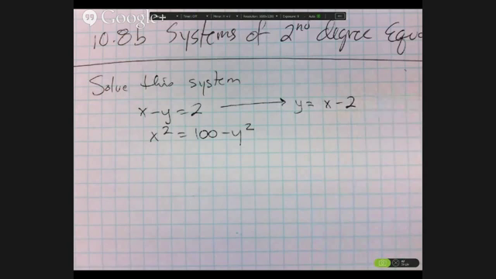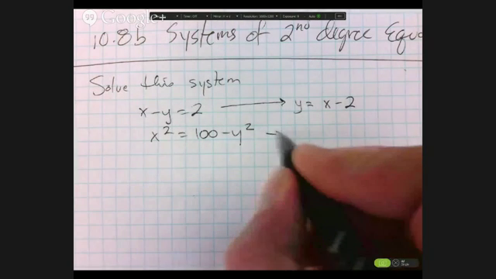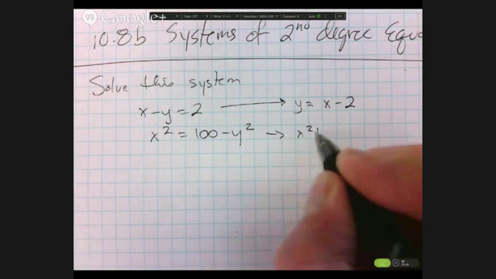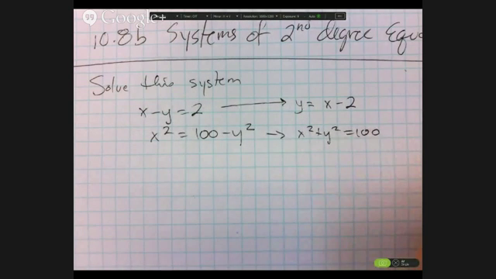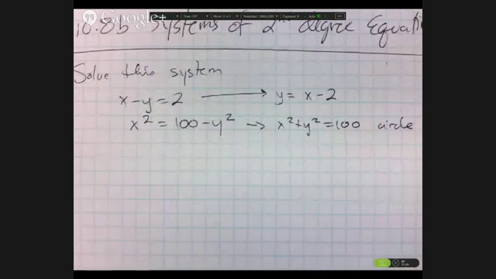So subtract the x and then divide by -1. Okay. This one is what shape? A circle. Yeah. So translate it to the familiar form if you need to.